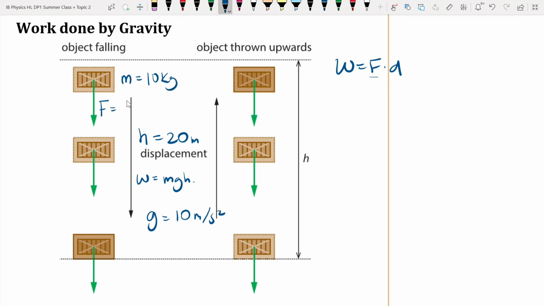So therefore, the force of gravity is going to equal the mass times g, which is 100 newtons, right? Here we have all the information we need in order to get the acceleration and therefore the velocity at the end of this fall, right? So let's use the equations of motion we learned in the first section, right? If you use acceleration equals 10, we have to find how fast it's going, so it's going to be v squared equals u squared plus 2as, right?